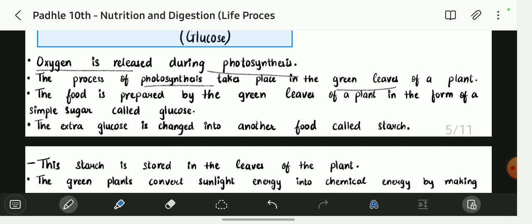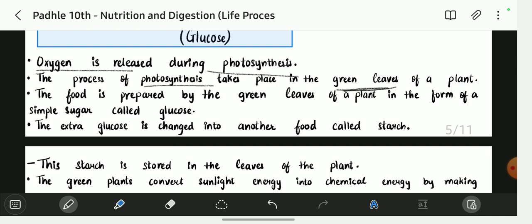So in this whole process, the water is taken in, the carbon dioxide is in the plant, and the mixing of these two things is done in the green leaves of the plants.